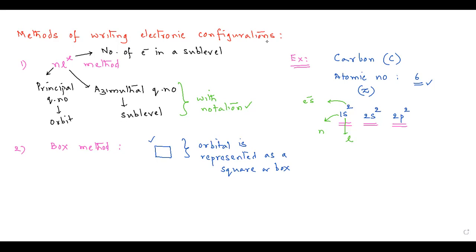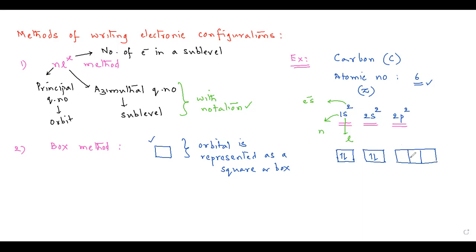Let us go for that. The same 1s is now represented this way. The first electron in 1s, now the second electron. Then go for the 2s: first electron, the second electron. And finally, this.